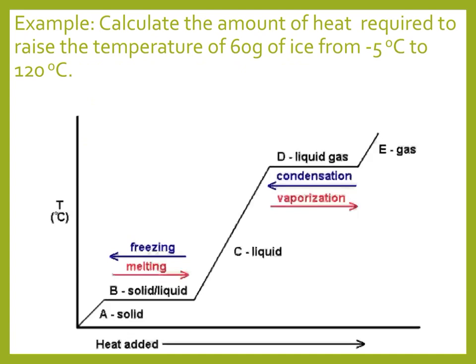So if I just draw a diagram to show what is happening, start at -5 degrees Celsius, and as I have heat being applied to this system, my temperature raises. And then once I hit 0, which is my melting point of water, there's still heat being added to the system, but my temperature isn't raising.